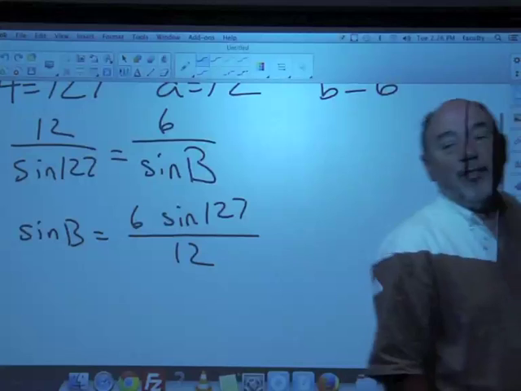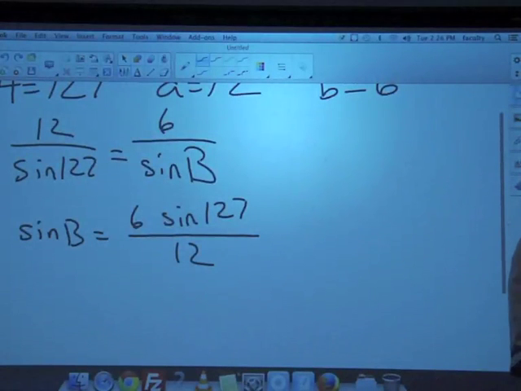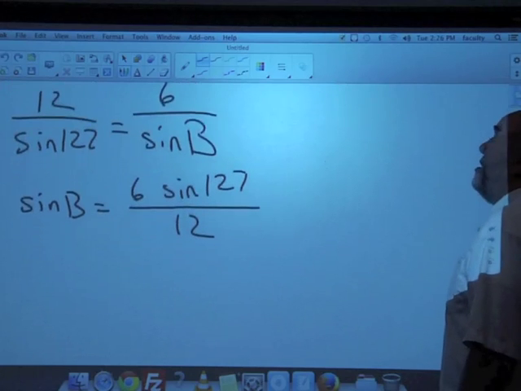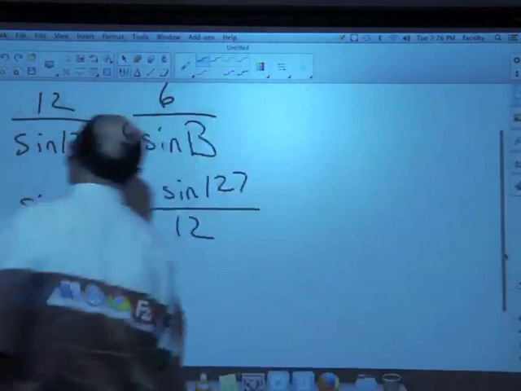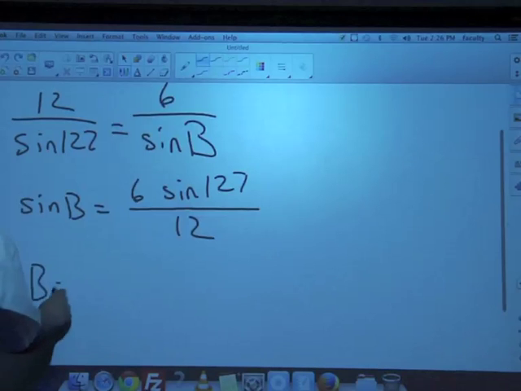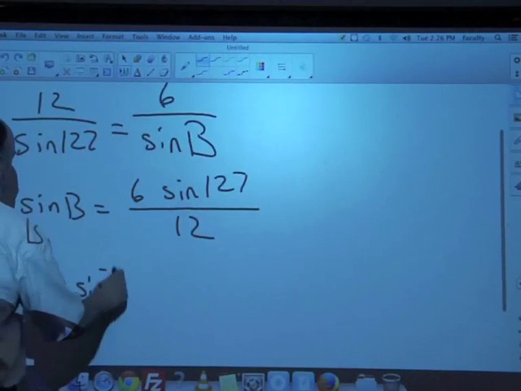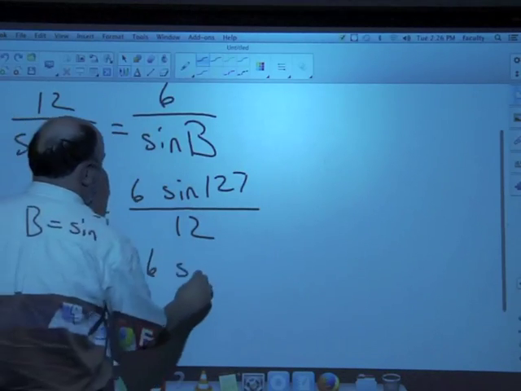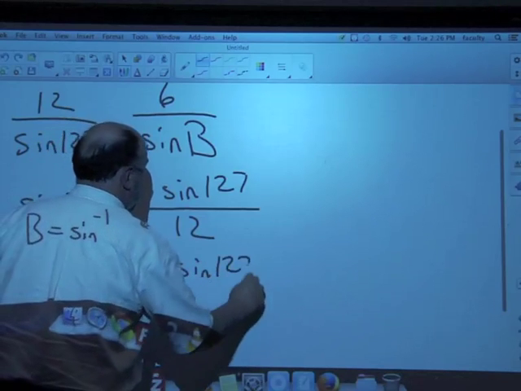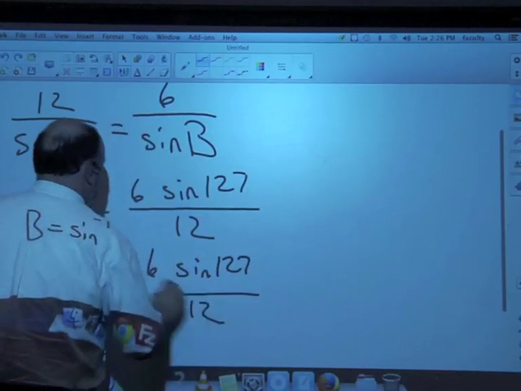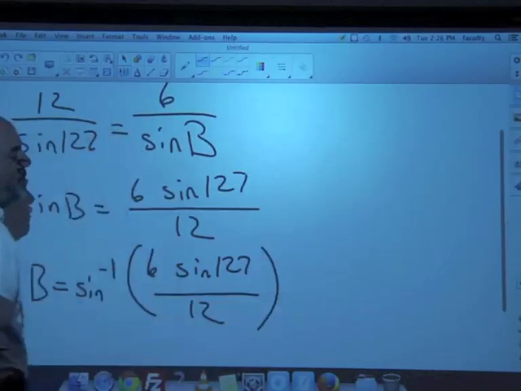But I don't care what the sine of B is. I want to know angle B. And so to get angle B, we get that angle B is going to be the inverse sine of 6 sine 127 over 12.